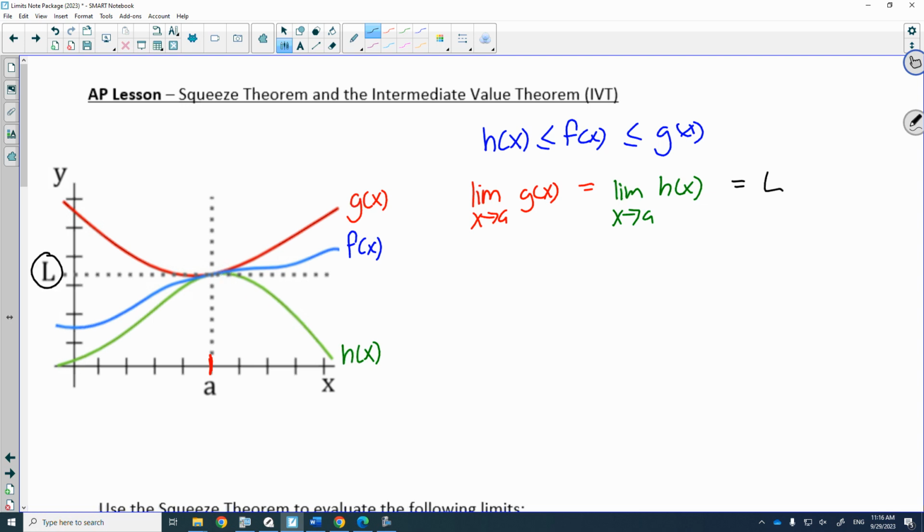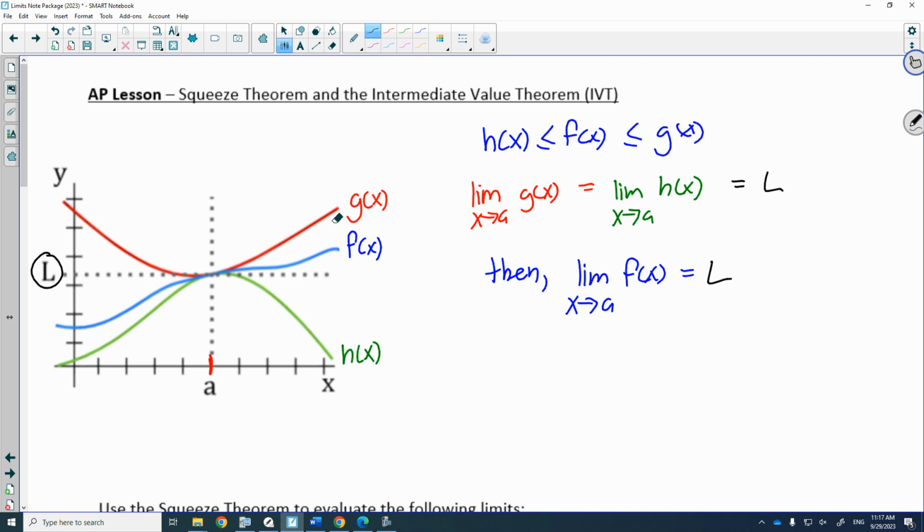The limit is L. Then according to the squeeze theorem, the limit as x approaches a of f of x is also equal to L.